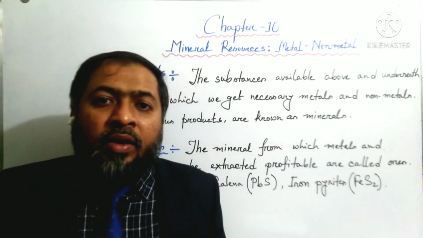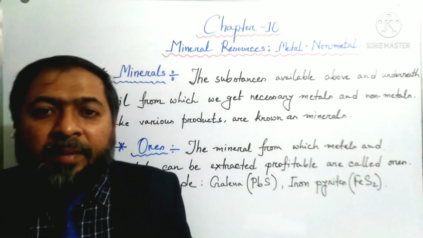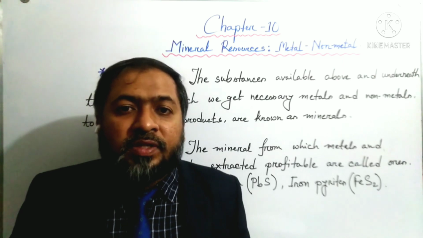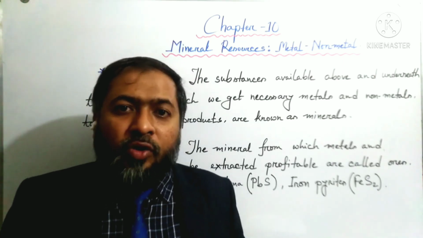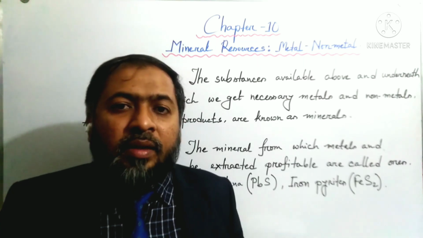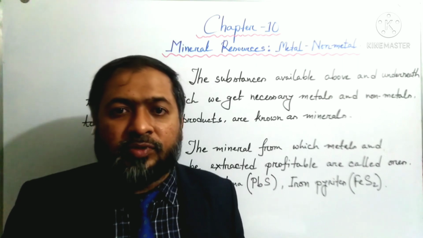So we are already introduced to minerals, but in many cases it happens that the extraction process is not profitable. That means the amount of metals or non-metals which you get from the minerals is not profitable in the extraction process.